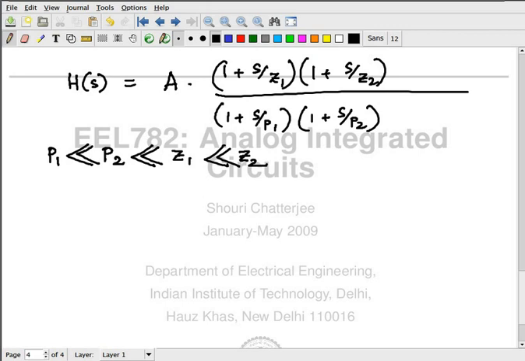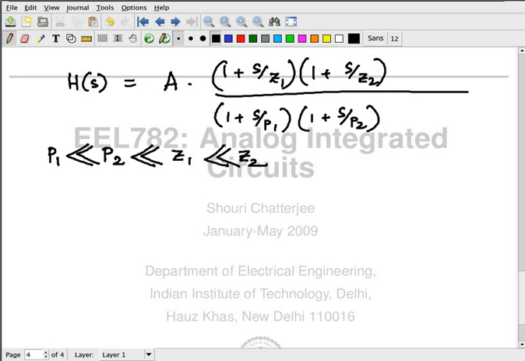Let it be; you can look up books for that. I'm not doing that. So let's say this is the situation: P1 is much less than P2, much less than Z1, much less than Z2. Again, you can choose your own order, but they are much less than each other. Alright?